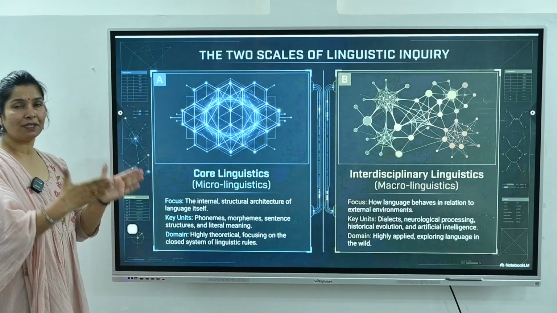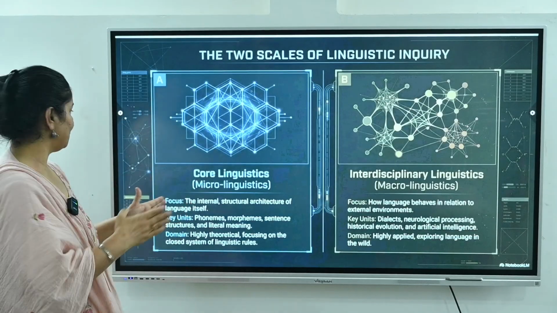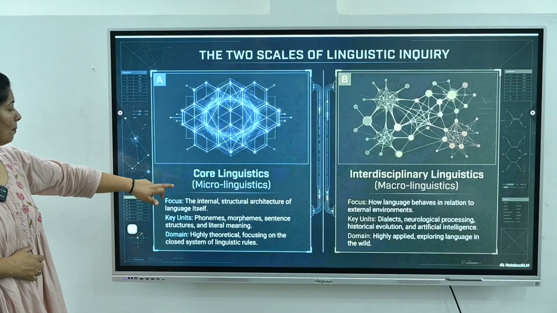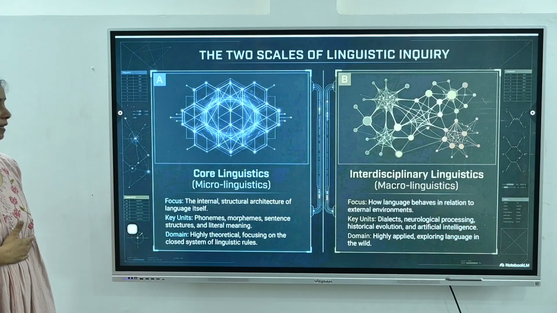So linguistics is divided into two types. First, we will take micro, or core linguistics, or theoretical linguistics.